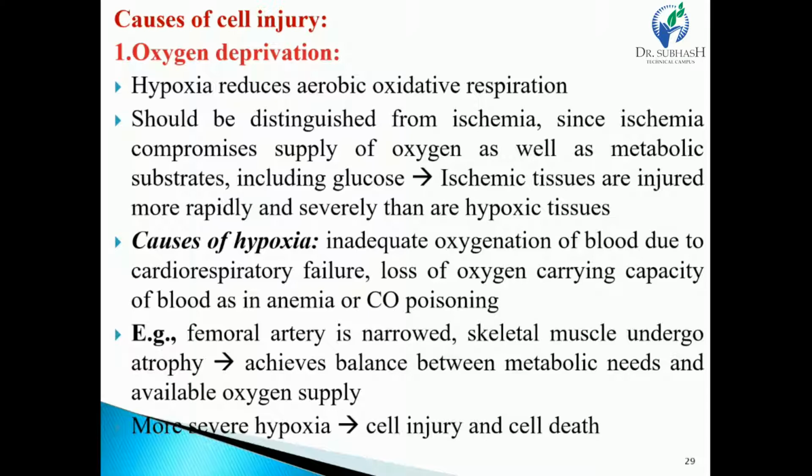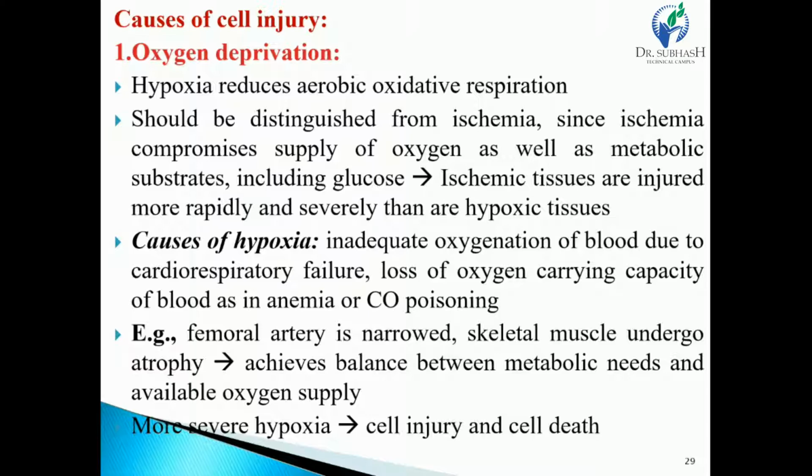And that specific cell injury could have effects in two ways. The most common mechanism of hypoxic cell injury is reduced supply of blood to cells due to interruption, that is ischemia.